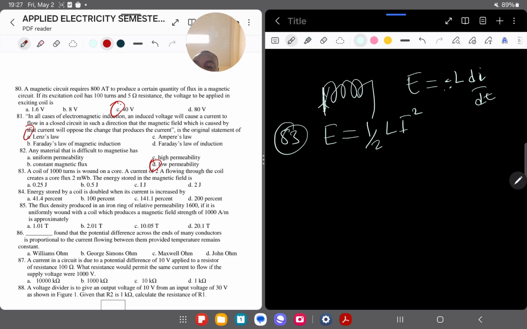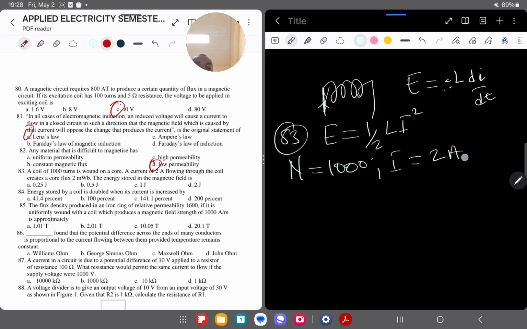So if you go back and look at question 83, you can see that we are given the number of turns. We have 1000 turns, right? N is 1000 turns. And then we have been told the current, I, is 2 amps.